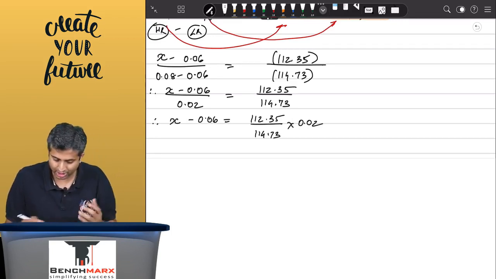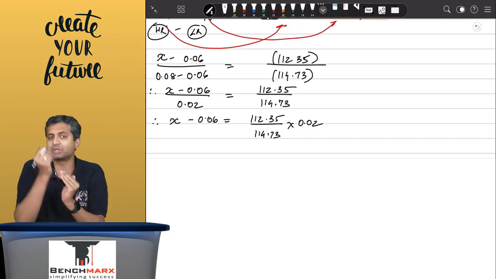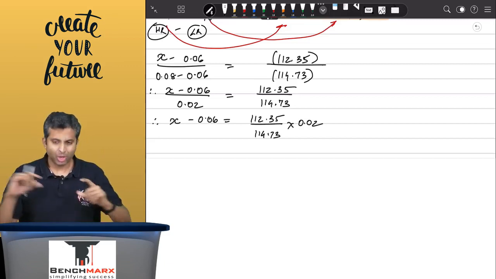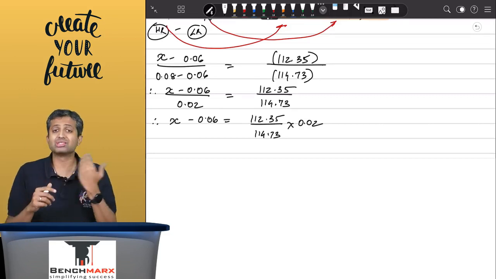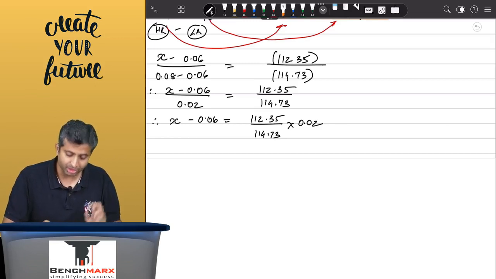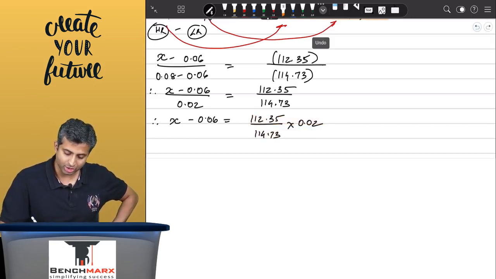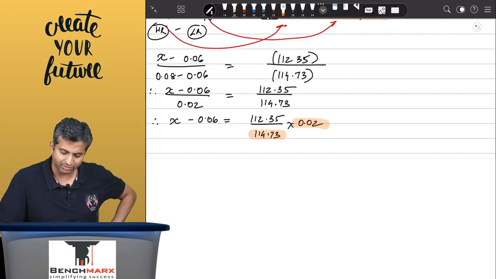You can now take 0.06 on the other side. So the rate is 6% plus something. But how much? This is nothing but a cross multiplication. If the percentage changes by 2%, that is 0.02, the present value changes by approximately 114.73.